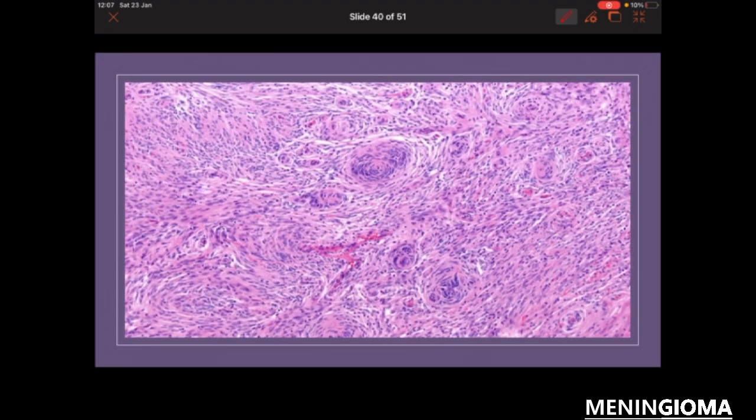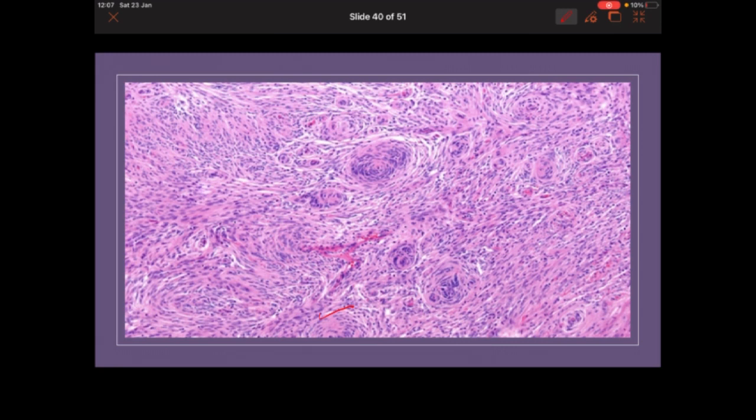This is a tumor arising from the meninges. This is meningioma. Meningioma exhibits a wide range of histologic appearances. There are many variants and subtypes, and the most common is the meningothelial subtype.